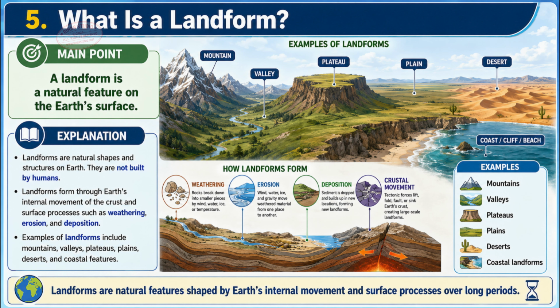What is a landform? A landform is a natural feature on the Earth's surface. It is formed by processes like weathering, erosion, deposition, and crustal movement. A landform is any natural shape on the Earth's surface. It is never built by humans. Landforms are produced by a mix of internal movement, which lifts or lowers land, and external processes: weathering, breaking rock; erosion, wearing and carrying it away; and deposition, dropping it elsewhere.